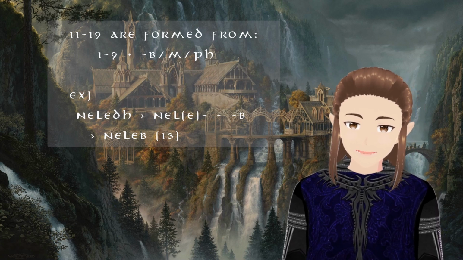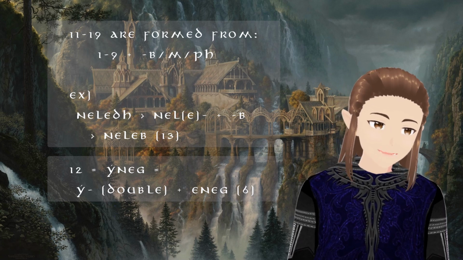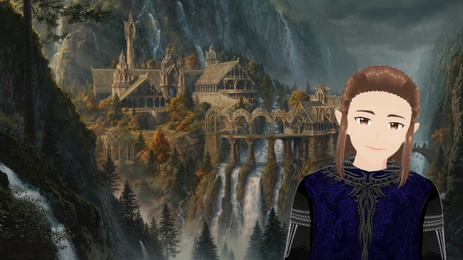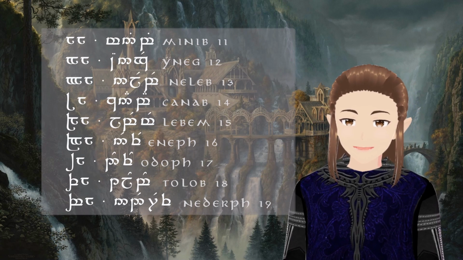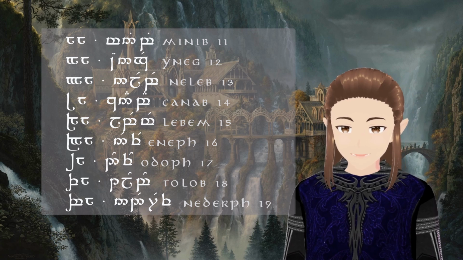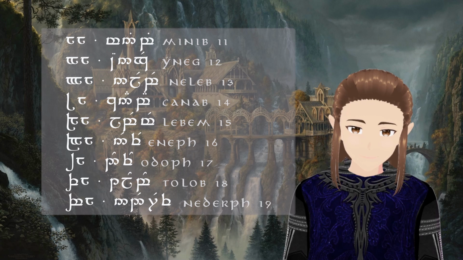The main exception is 12, which comes from a combination of U, meaning double, and the number 6, enek. Let's go through each of these numbers now. Minip, Unek, Nelep, Kanap, Lebem, Enev, Odov, Tolop, Nederv.